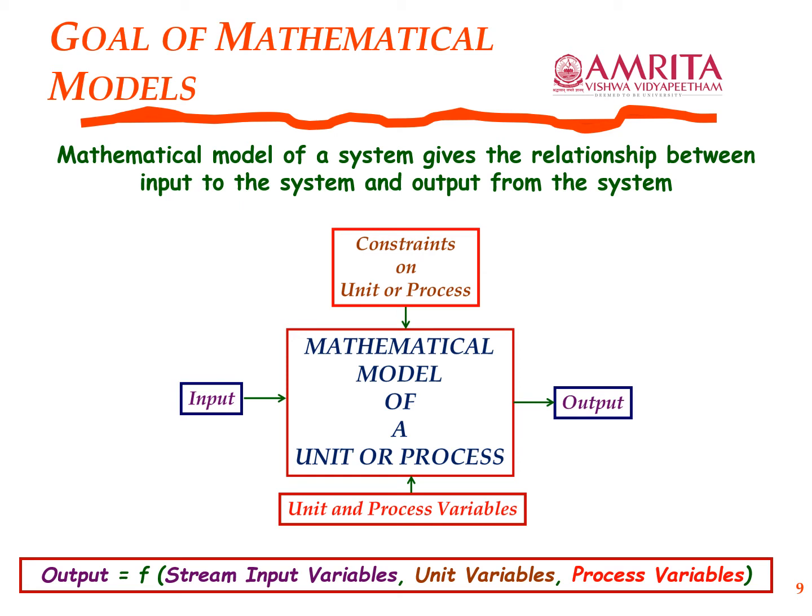Ideally you would like to see output as a function of the various input stream variables, the unit variables and process variables. Sometimes you will be asked to calculate the unit variables given a certain output. So you may have to invert this function in some form or the other. But this is what happens. This is the sort of goal of a mathematical model, to express a relationship like this.